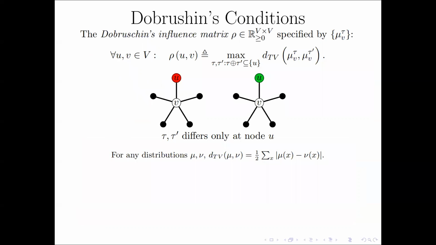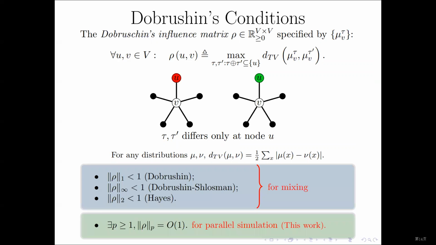The influence matrix for Glauber dynamics on graph G and specified by mu is defined as follows. For any two vertices U and V, rho_UV takes the maximum total variation distance between mu_V^tau and mu_V^tau' over all pairs of neighborhood configurations tau and tau', where tau and tau' differ only at node U. A series of well-known conditions for mixing is defined on the influence matrix rho.